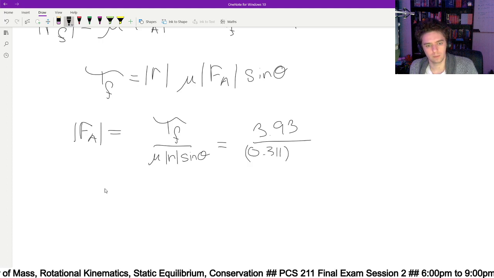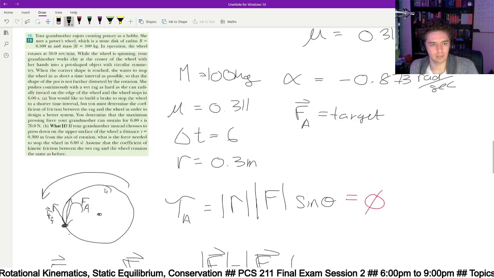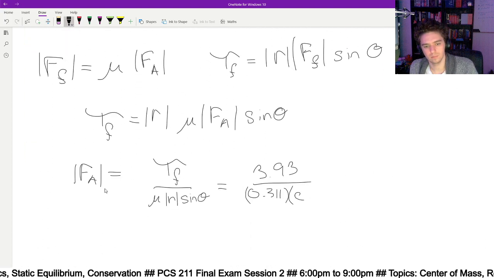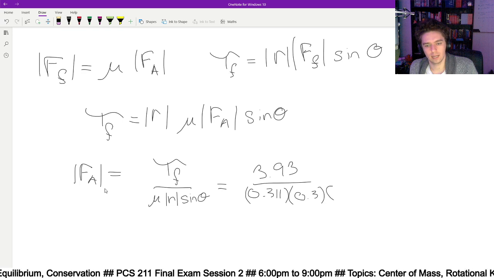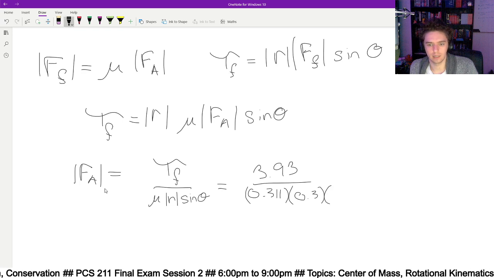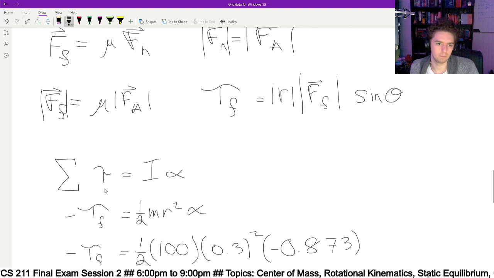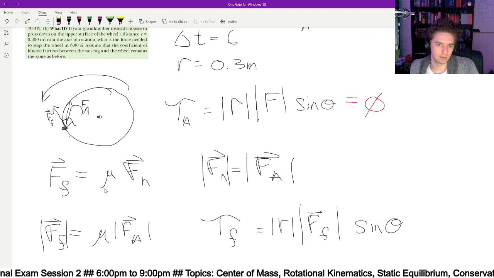R is the distance from the axle, so that's just going to be 0.3. And sine of theta is sine of 90, because it's a 90-degree angle.